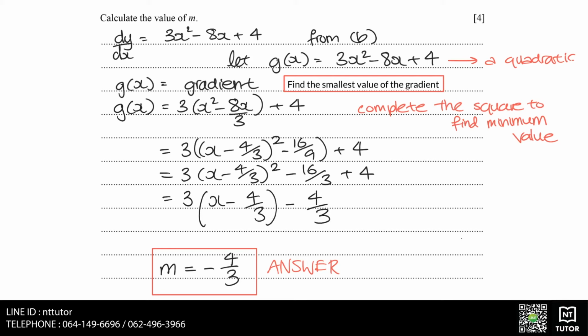After completing the square, we will have minus 4 over 3 as the constant term at the back, and therefore that is the minimum value of the quadratic, corresponding to the minimum value of the gradient m.